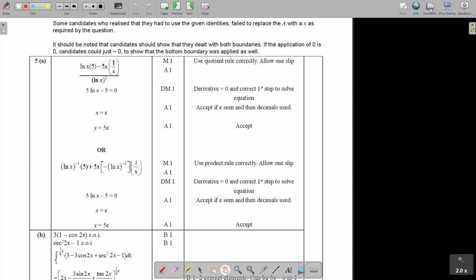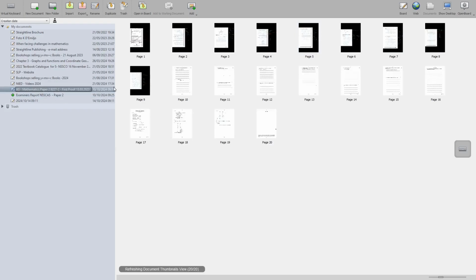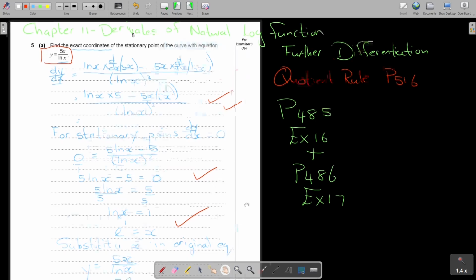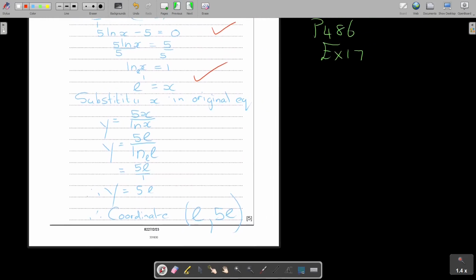So if I go back to the question paper, can I just show you the marks there? So basically what I said is if you use the quotient rule, they would have given you 2, and then coming to this, and then 1, 1 for just that last one for the x value and also for the y value. But rather write it in coordinate form at the end.